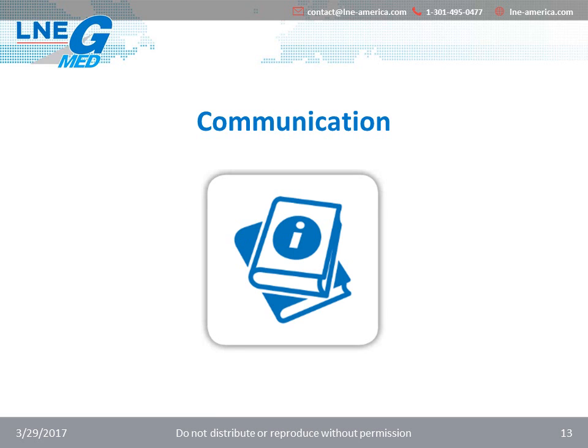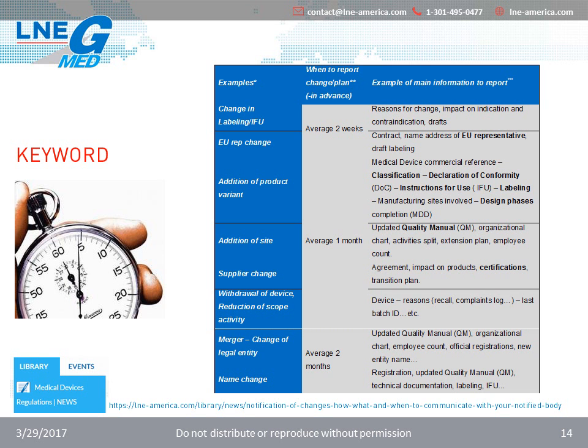Now we get to talk about what is needed in terms of communication. In our March monthly newsletter, we have provided a list of common changes and the average timelines to report those changes. We have also provided the list of essential information and documentation needed when reporting those changes to your notified body in order to assess the change.